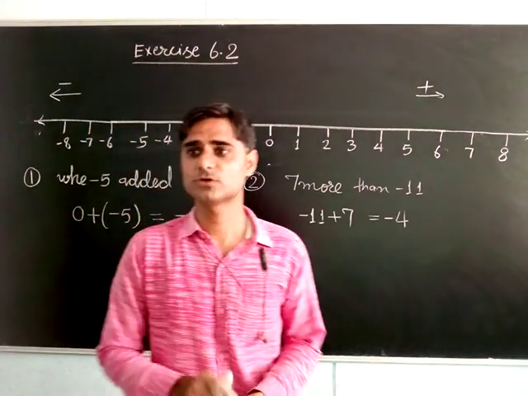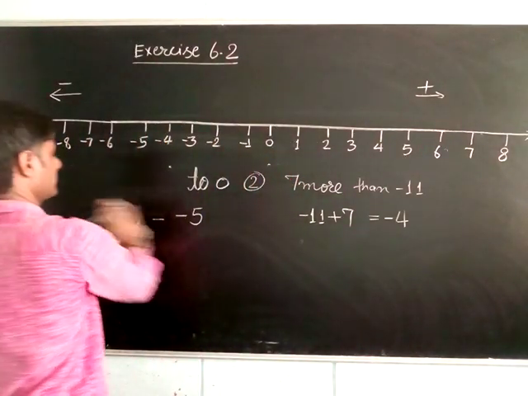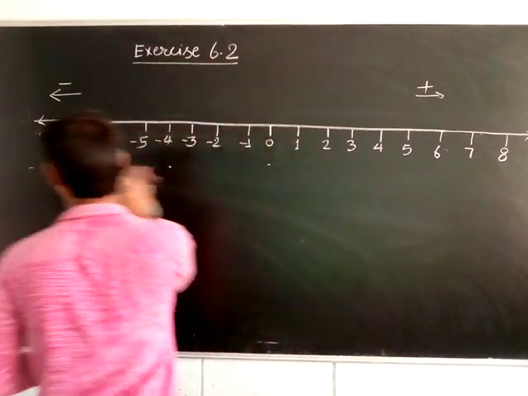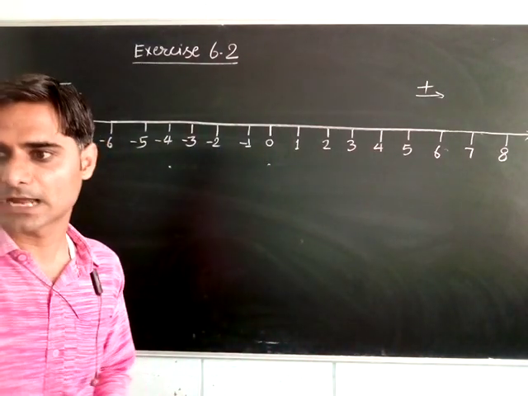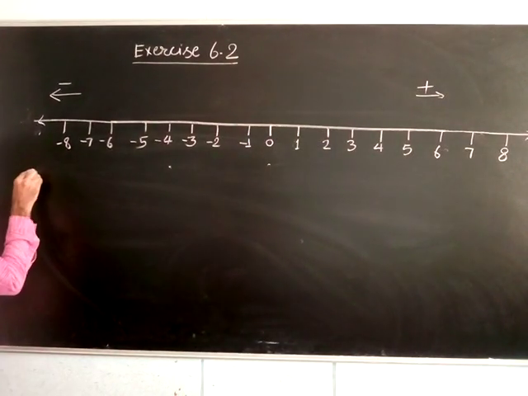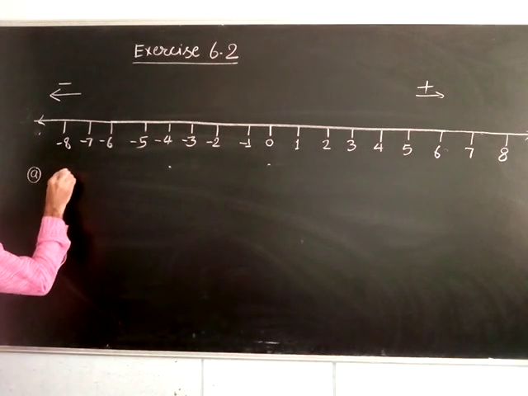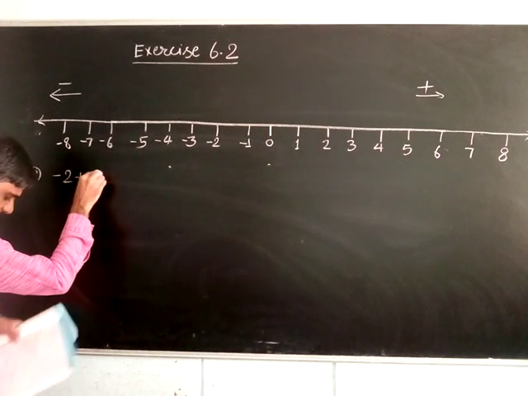Next is which of the following is correct? This question is now next. Which of the following is correct? Now see, all 4 options I am writing here. Then we will do the solution. Which one is correct? A is minus 2 plus 9 equal minus 7.